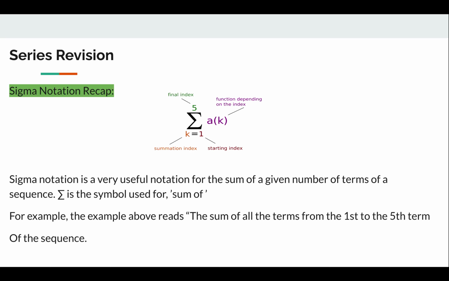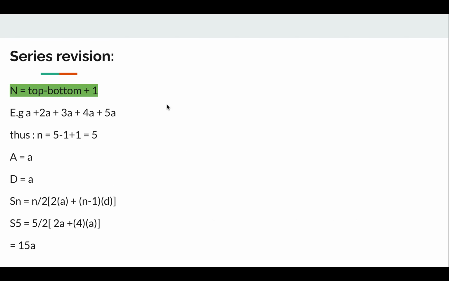Now, to work out the n value of a sigma notation, I like to use a little shortcut. N is the number of total terms in the sequence. To get the n value, you simply take the top number minus the bottom number plus 1. What do I mean by that?